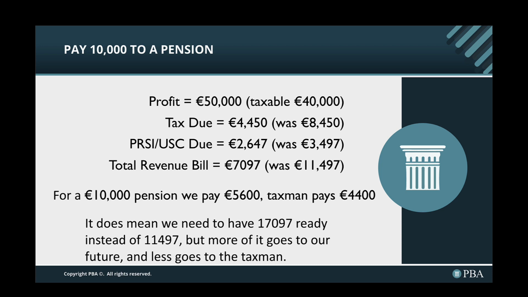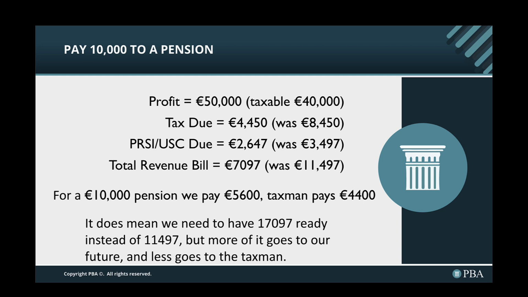It does mean, however, that you need to have 17,097 euro in cash in order to first pay the tax office and then pay your pension. Or if you're a limited company director, each time you're paying your salary, make sure you're also making a pension contribution. But it does mean that that's going to future you, and less of it is going to the tax office.